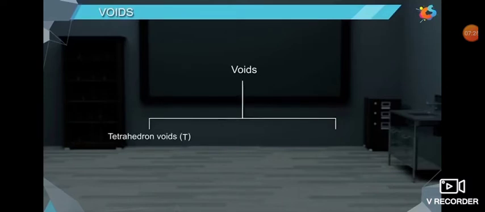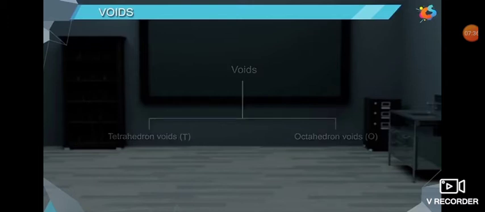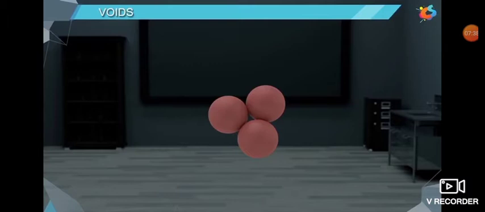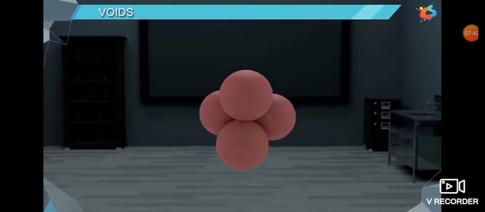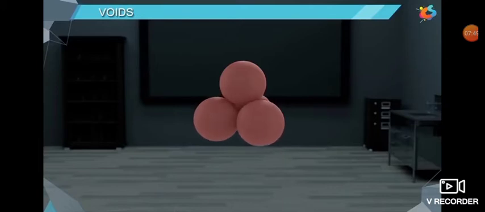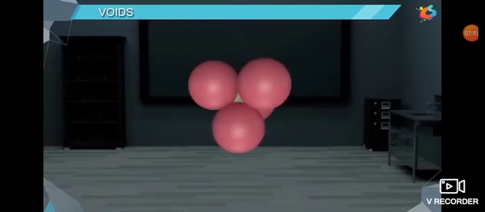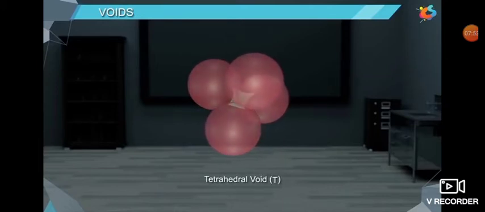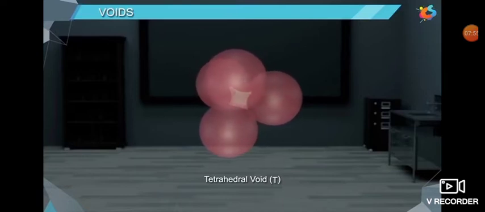So I want to say there are two types of voids here. One is the tetrahedral void and the second one is the octahedral void. How it is forming, let us see. When we are keeping the second layer above the first layer, if the second layer is kept above the triangular void of the first one, four spheres jointly make a void.